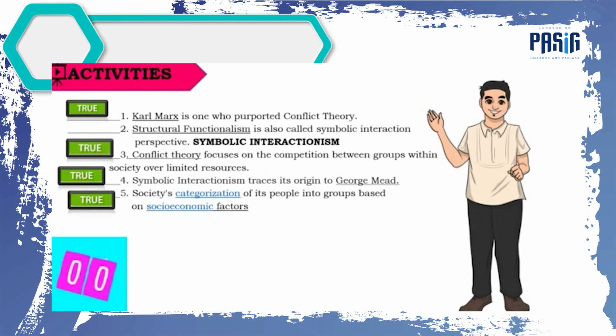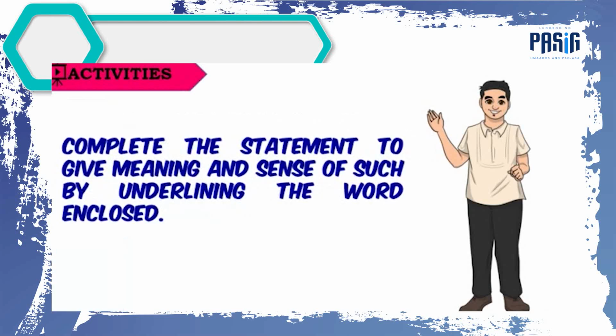Number 4. Symbolic interactionism traces its origin to George Smith, which is also true. Number 5 and final number, society's categorization of its people into groups based on socioeconomic factors. The answer is true. Let's proceed now to another activity.